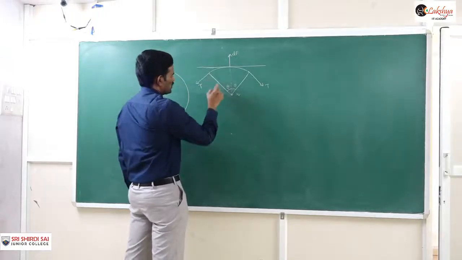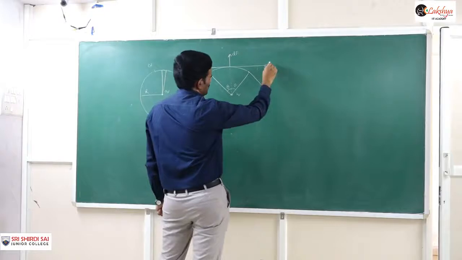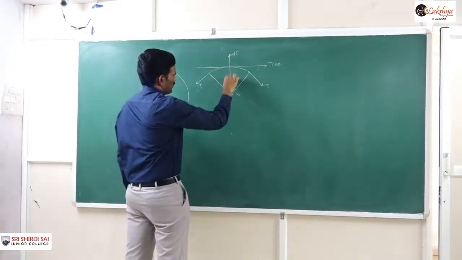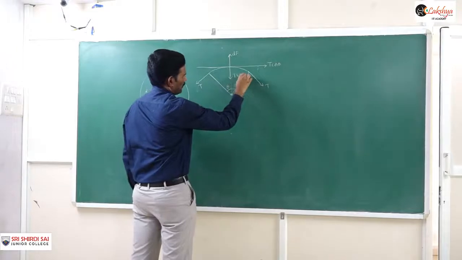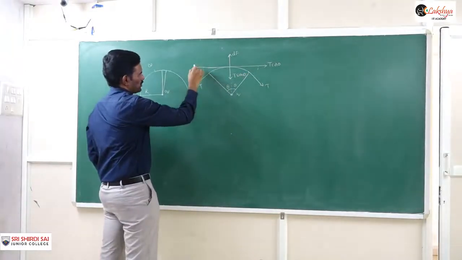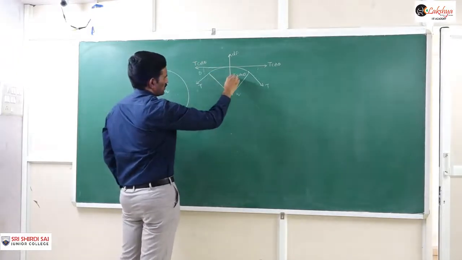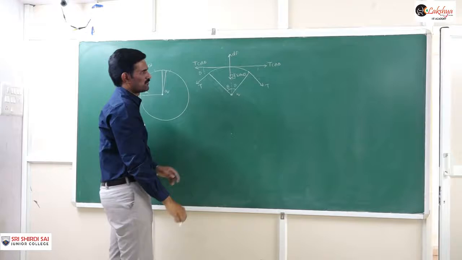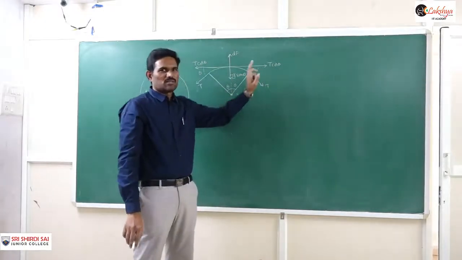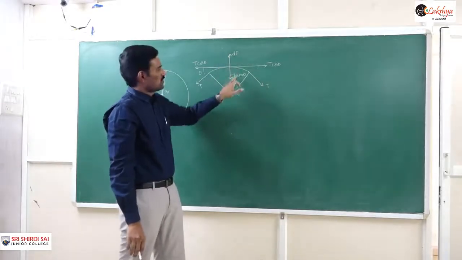You can resolve this tension into components. If this angle is theta, then this angle is also theta, so this will be T cos theta, and T sin theta will be in the downward direction. Similarly on the other side, T cos theta, and T sin theta in the downward direction. So the downward force is 2T sin theta. The T cos theta terms cancel, and then we only need to balance the two forces, dF and 2T sin theta.